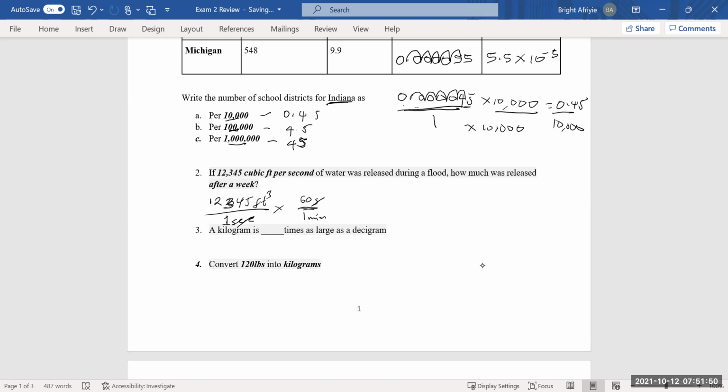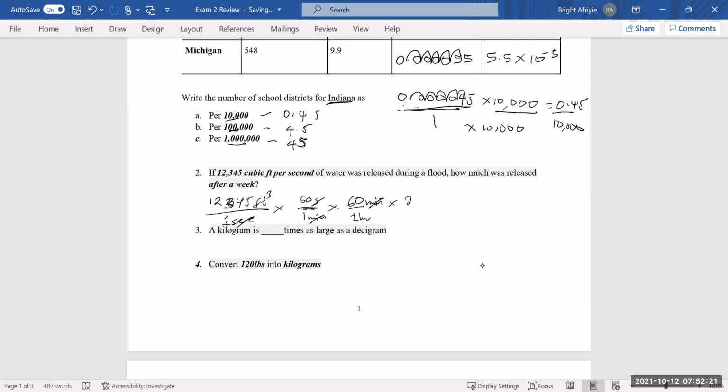So this gives you how much of the water was released per minute. Now that's not your goal, right? You want to move forward. So now you look at 60 minutes make an hour, right? So 60 minutes make an hour. So now minutes will take care of minute. So up to this point, you have how much of the water was released per hour. Now that's not your goal. Your goal is to get to weeks.